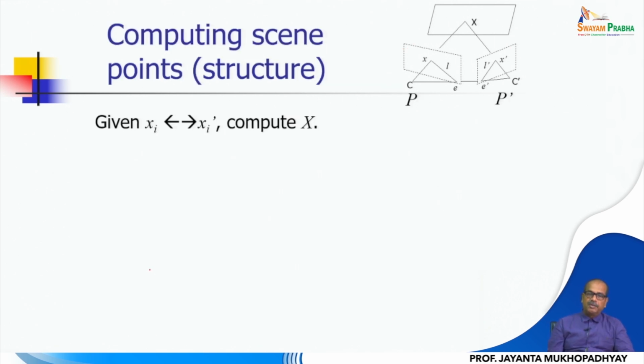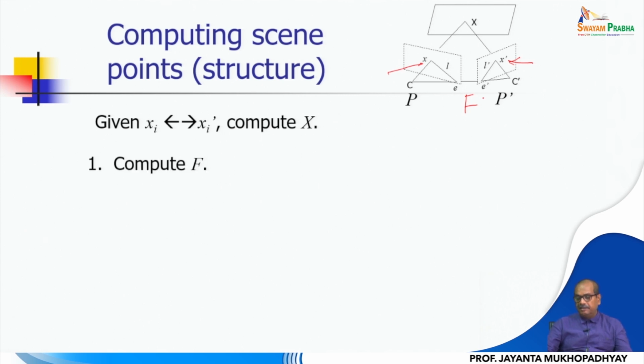Next, we would like to compute the 3-dimensional coordinates of scene points, which we call computing the structure. How to compute this? Given the corresponding points and the fundamental matrix F of a stereo setup, how do we compute the scene point? That is the mathematical problem.